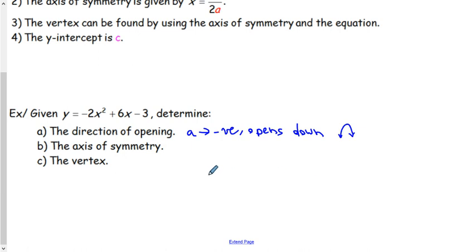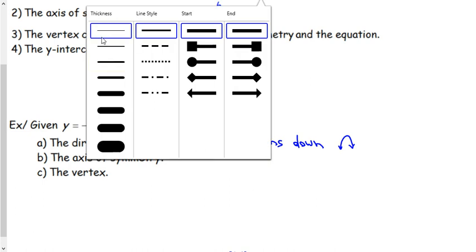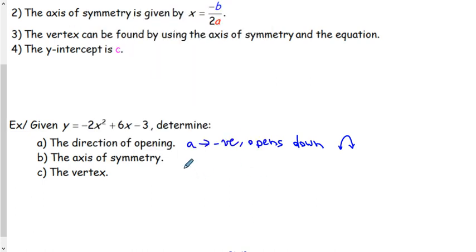The axis of symmetry: let's use our newest equation to figure it out. For our axis of symmetry, x is equal to negative b. What's our b value? It's 6. So negative 6 over 2 times our a value. Our a value is negative 2. So what does that work out to?